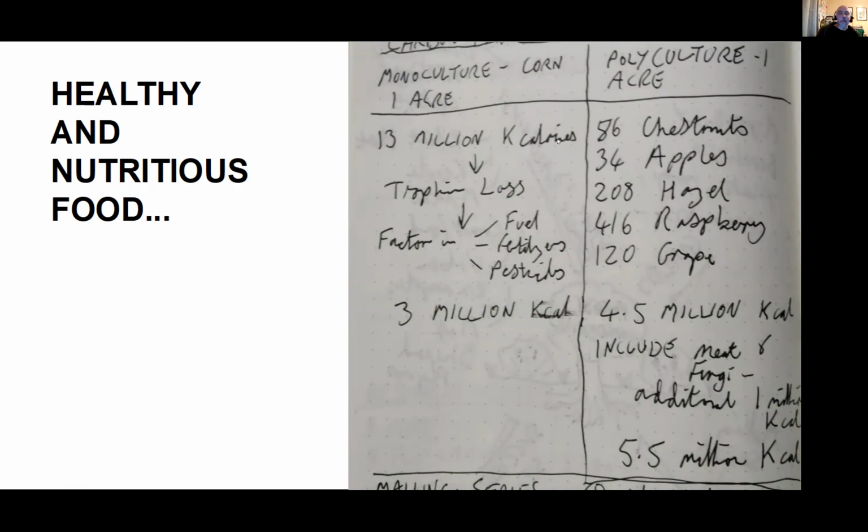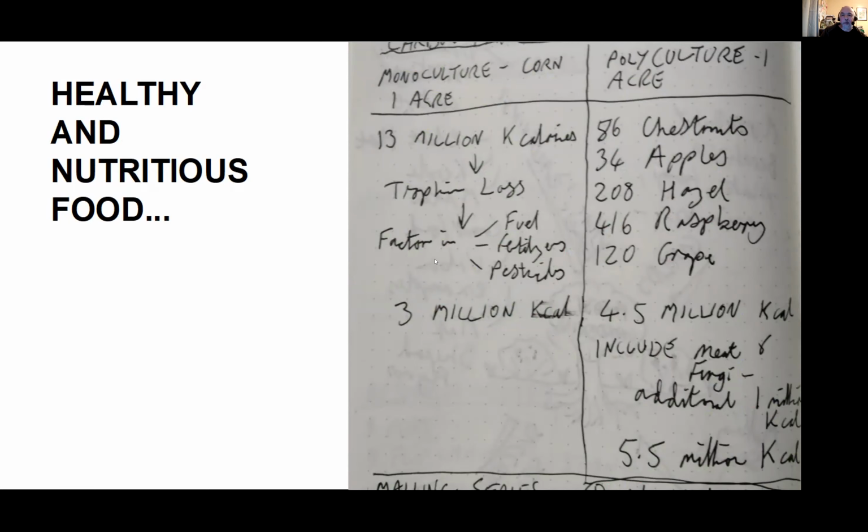But then when we factor in what he calls trophic loss, which is the fact that most of that corn would then be fed to animals, which have a really inefficient conversion rate of plant energy to animal biomass, most of those kilocalories are lost in that conversion process.